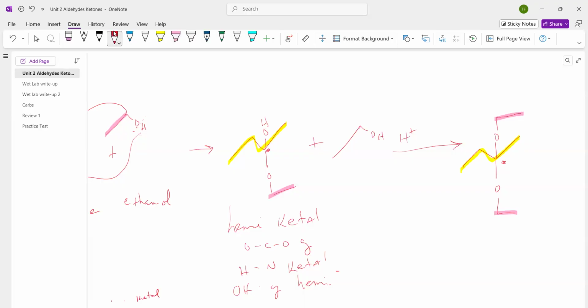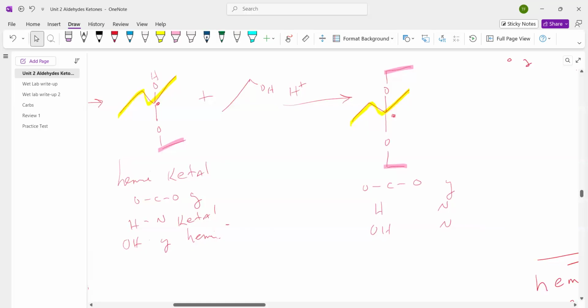So let's do our analysis. OCO is yes. There's no H, and there is no OH. So with no H, it's a ketal. And no OH means it's not a hemi. So this is a ketal.